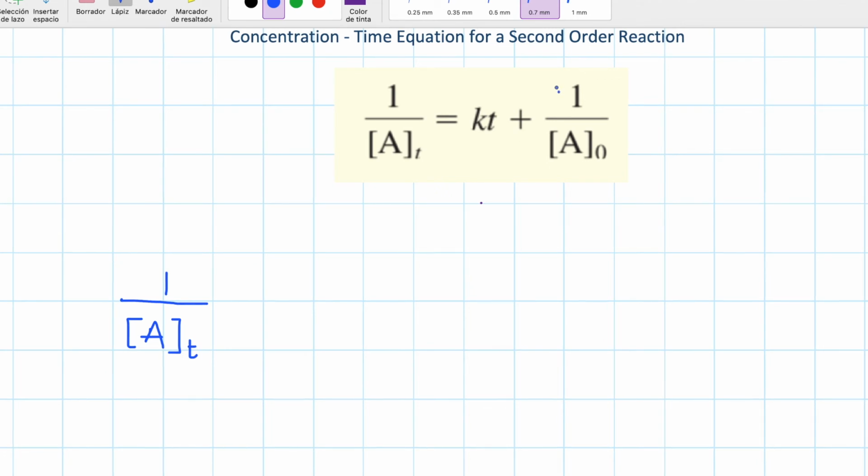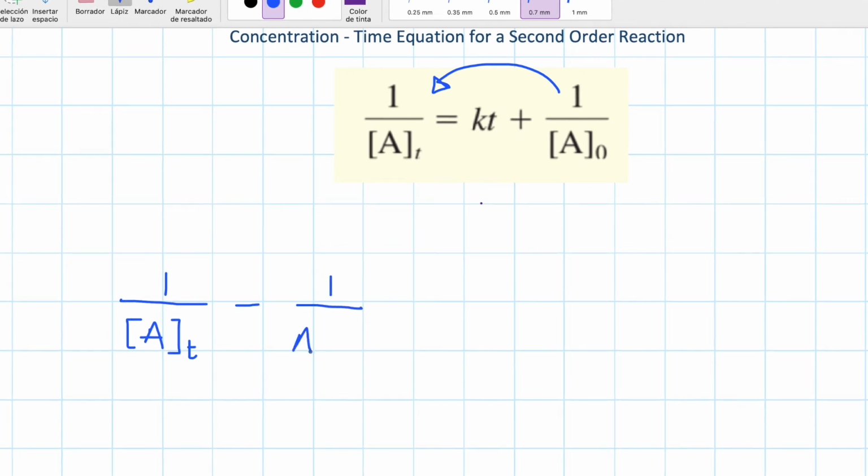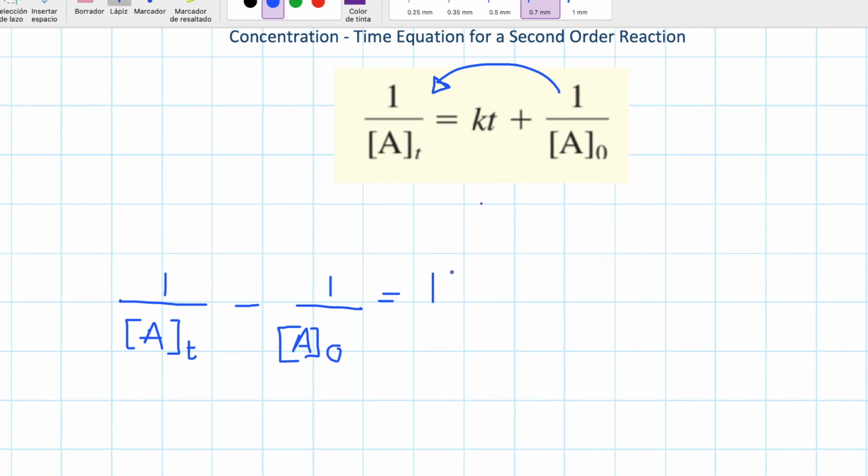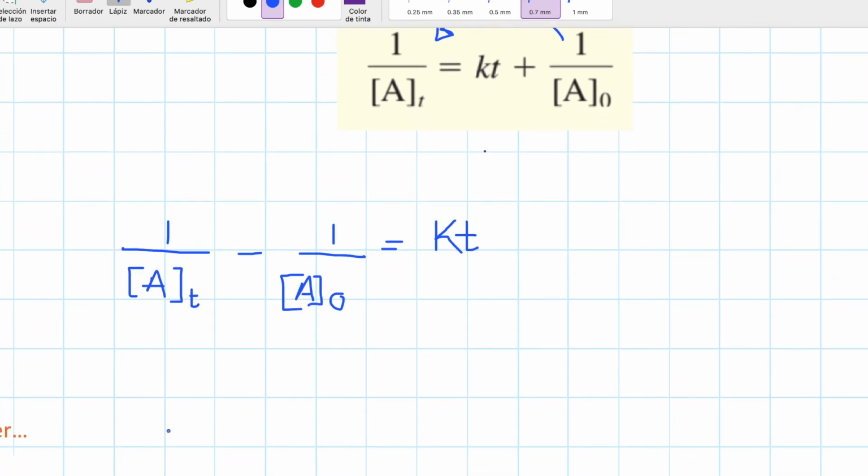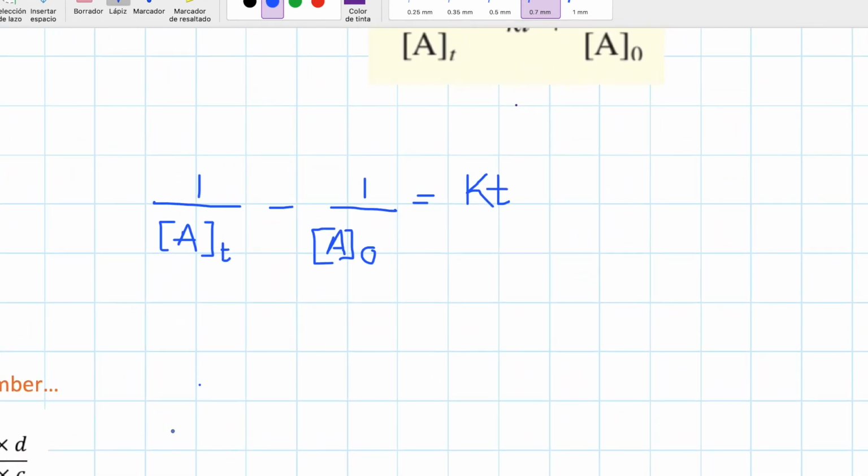We have 1 over the current concentration, and then we'll move this one to this side, minus 1 over the initial concentration, would equal K times T.